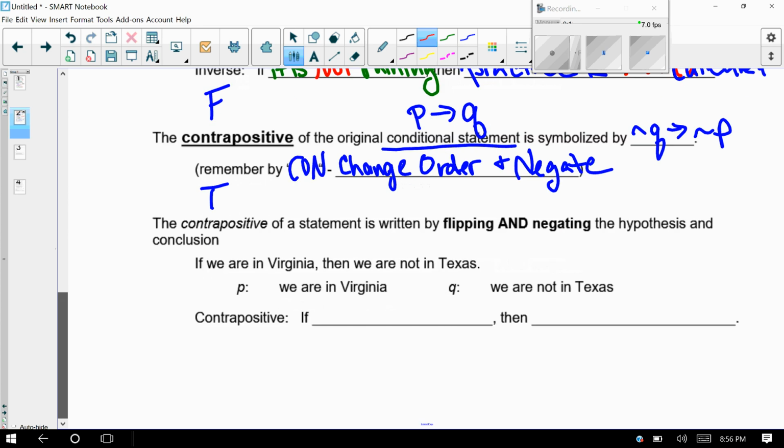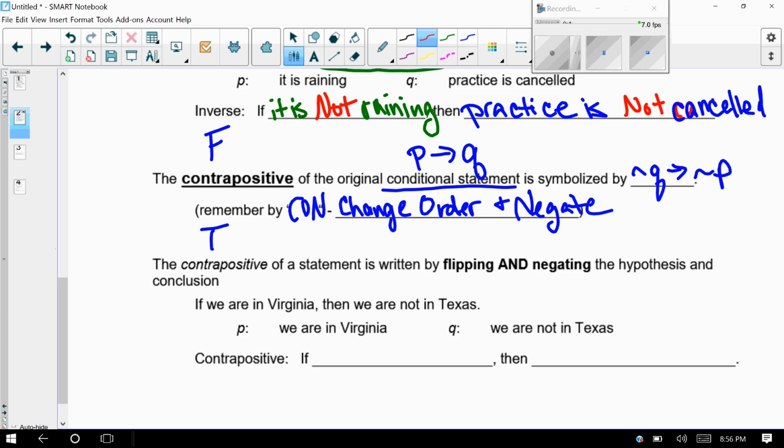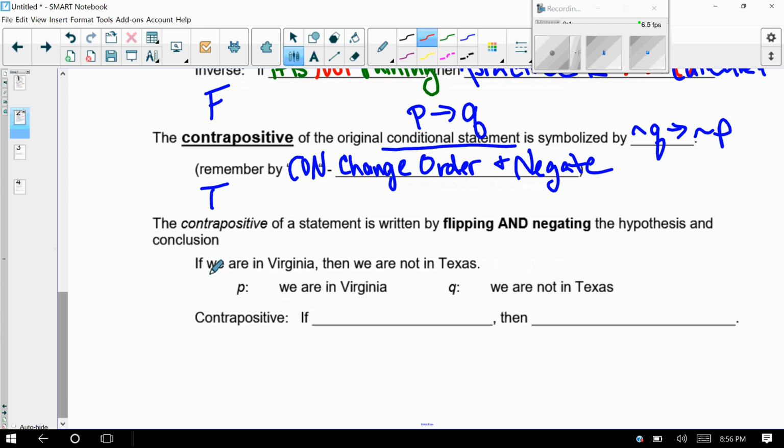Now, my conditional statement in this one says, if we are in Virginia, then we are not in Texas, right? Our hypothesis is we are in Virginia, and my conclusion is we are not in Texas. We're going to change the order and start with we are not in Texas.